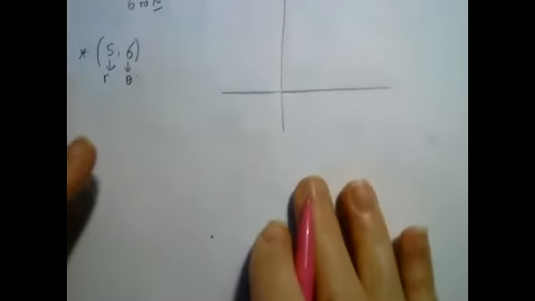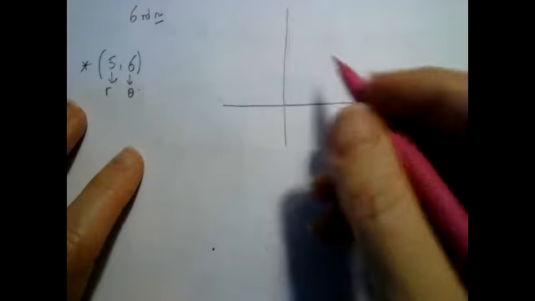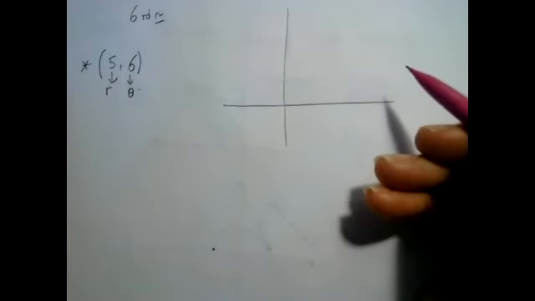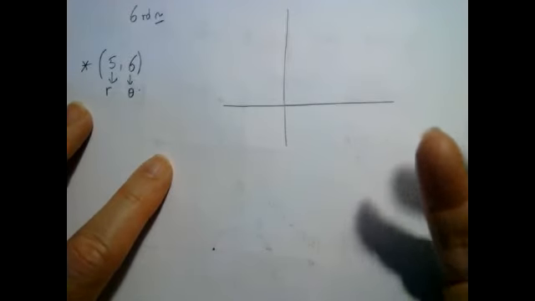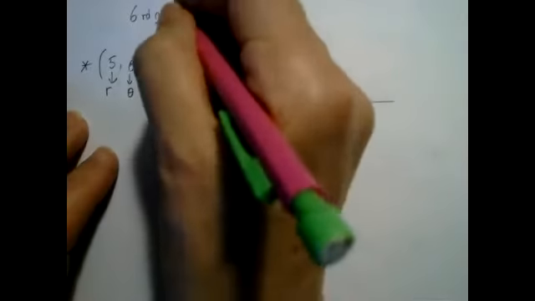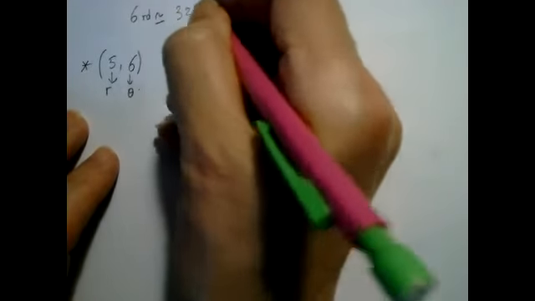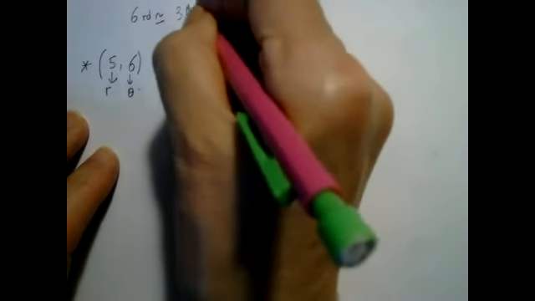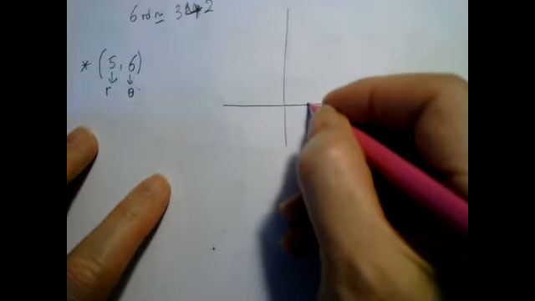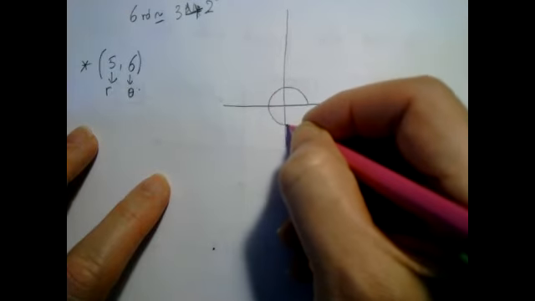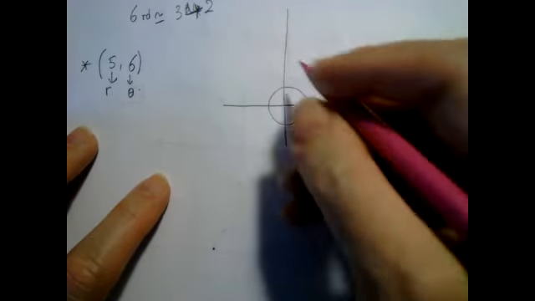So now, 6 radian. We know around a circle that is 2 pi. 2 pi is 6.28 radian. So 6 radian is really very close to 2 pi, not quite. Somebody is telling me almost 342 degrees, and I think she's absolutely right. So now I have to go all around like this, almost up to here.